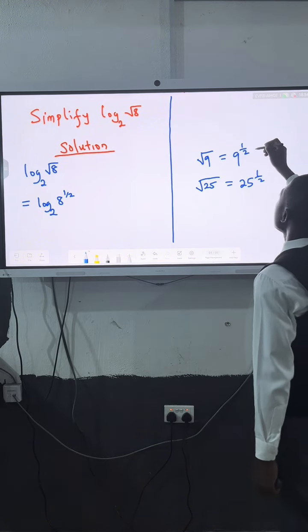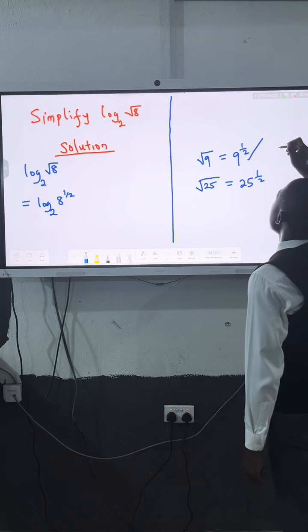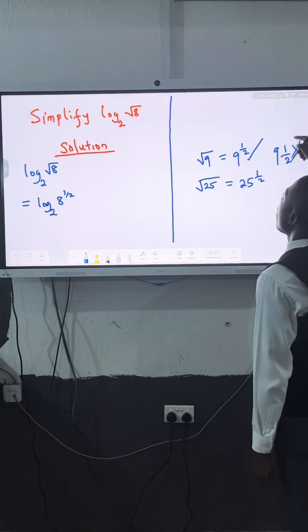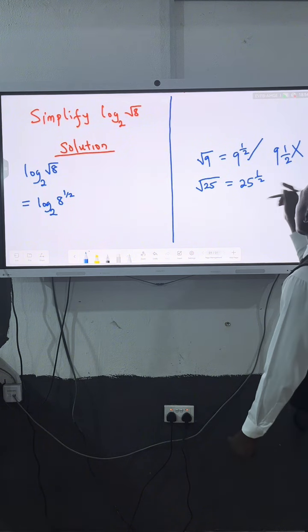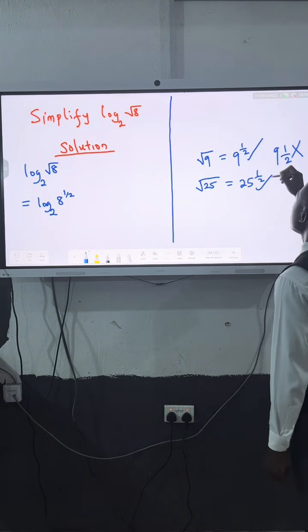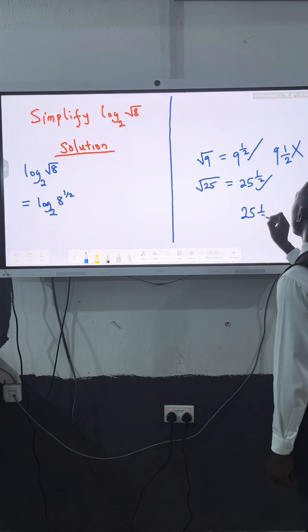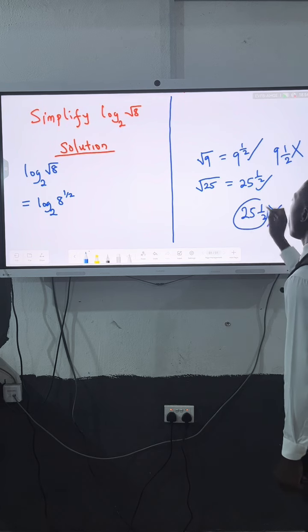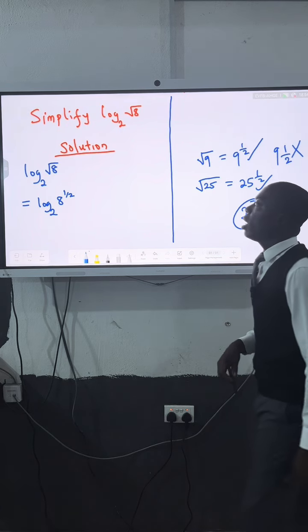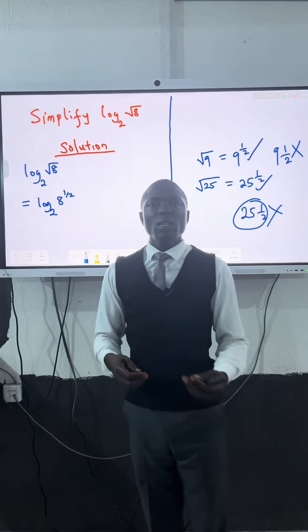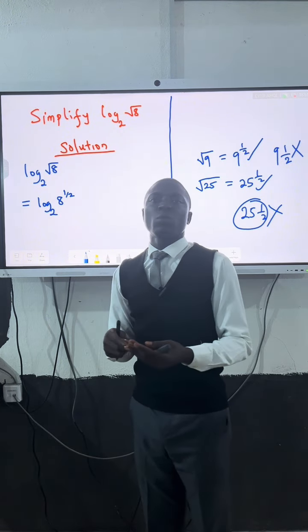I didn't say 9 whole number 1 over 2; we are talking about a fraction. So anytime you have square root of something, it means that thing can be written to the power 1 over 2.